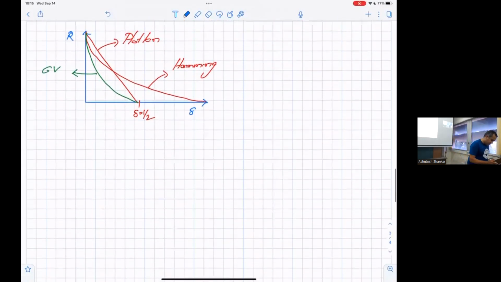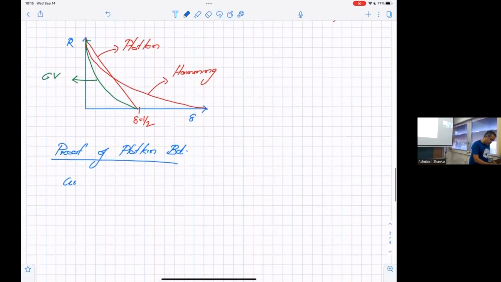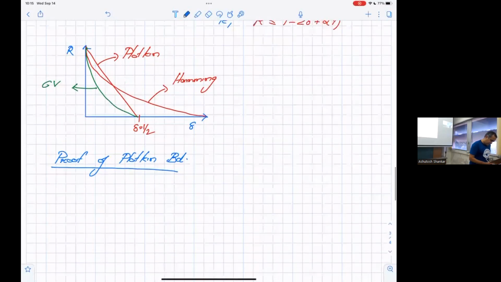Now let's go into the proof of the Plotkin bound. Let's first do 2, assuming 1.